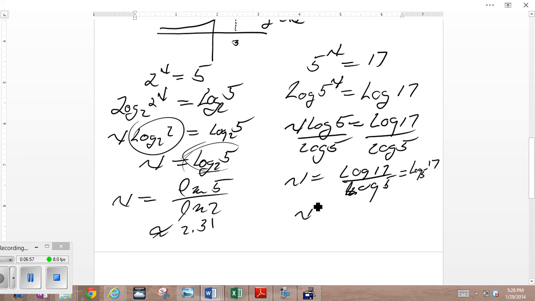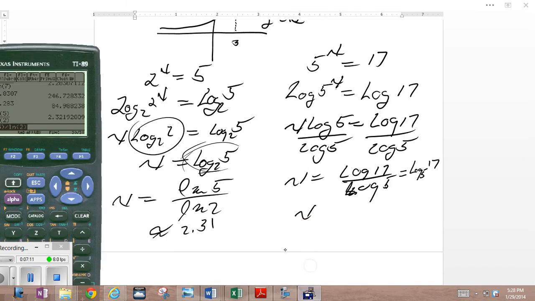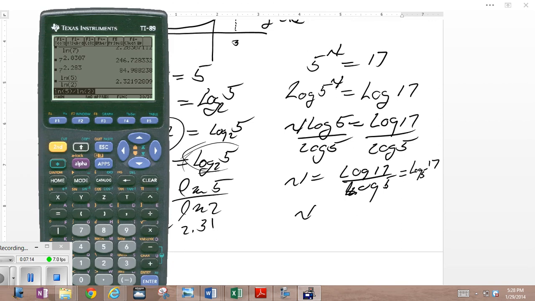I know you want to know the decimal value because you want to know to what power must 5 be raised to produce 17. Of course, it's got to be less than 2 because 5 squared is 25. So again, we're going to call on our calculator. This time we're going to go to common log. So again, common log is in the catalog, and there it is.